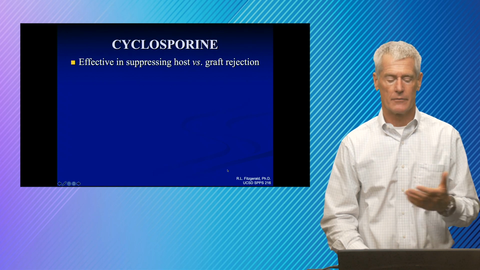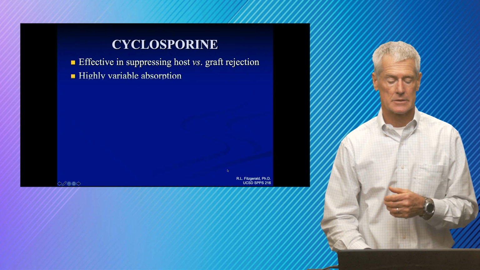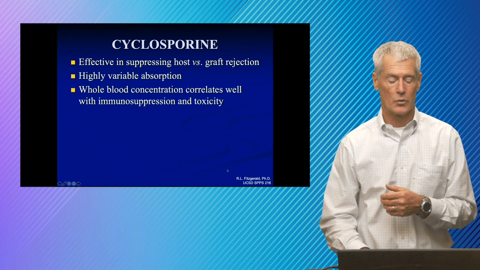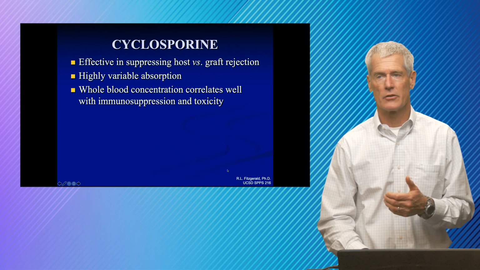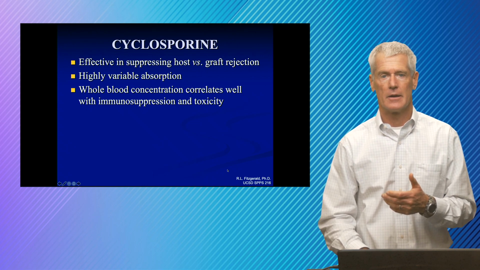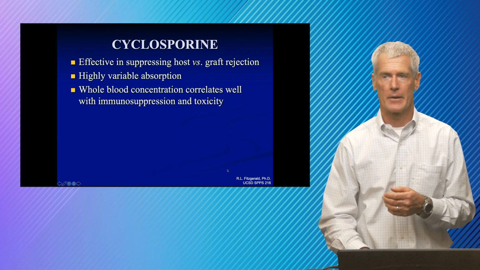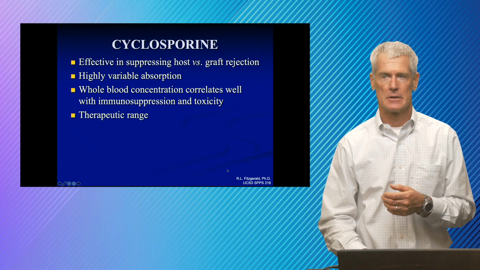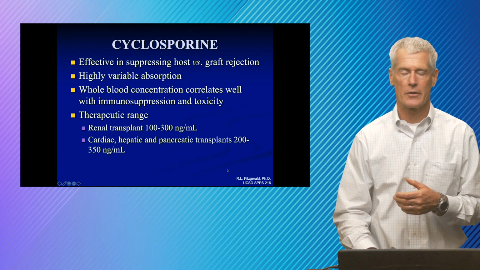Cyclosporin, again, suppresses graft versus host in transplants and is variably absorbed. We're typically measuring whole blood concentrations because immunosuppressant concentrations in whole blood seem to correlate better with immunosuppressive effects. Therapeutic range for renal transplants is 100 to 300.